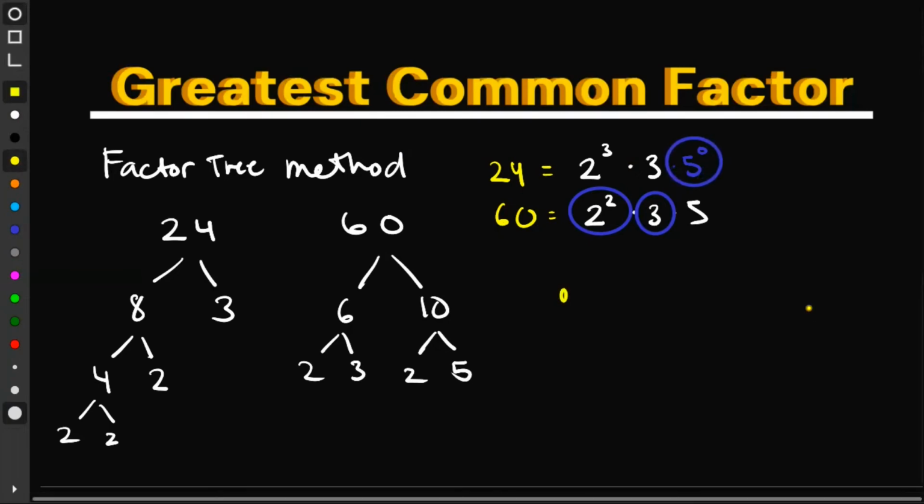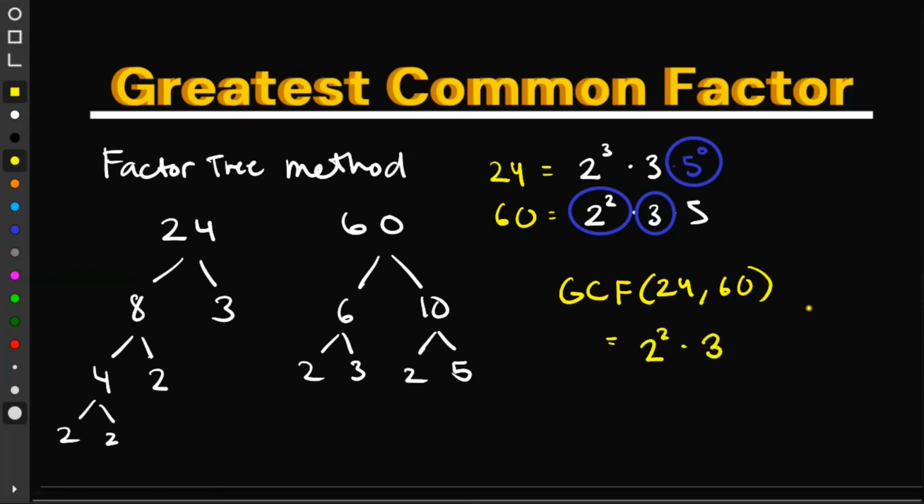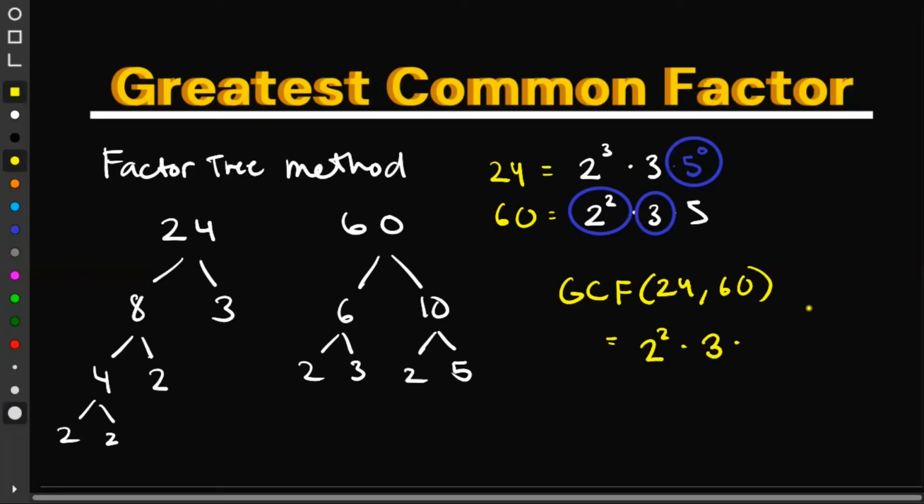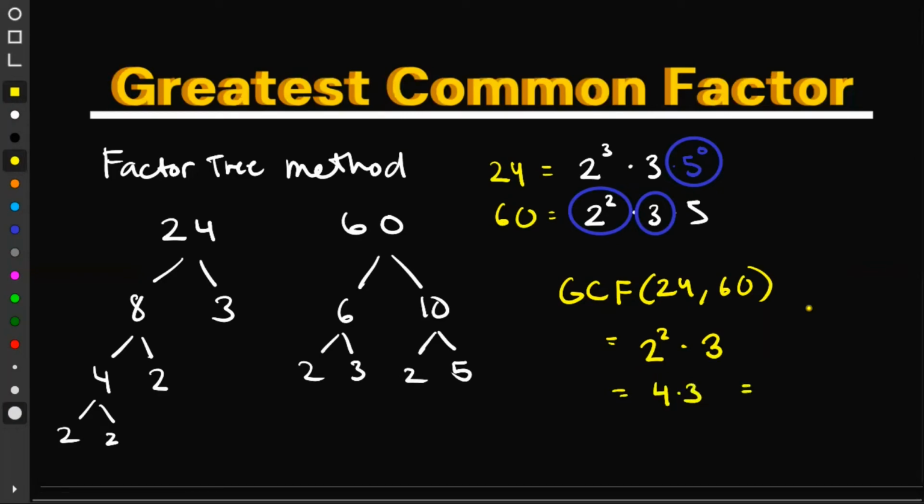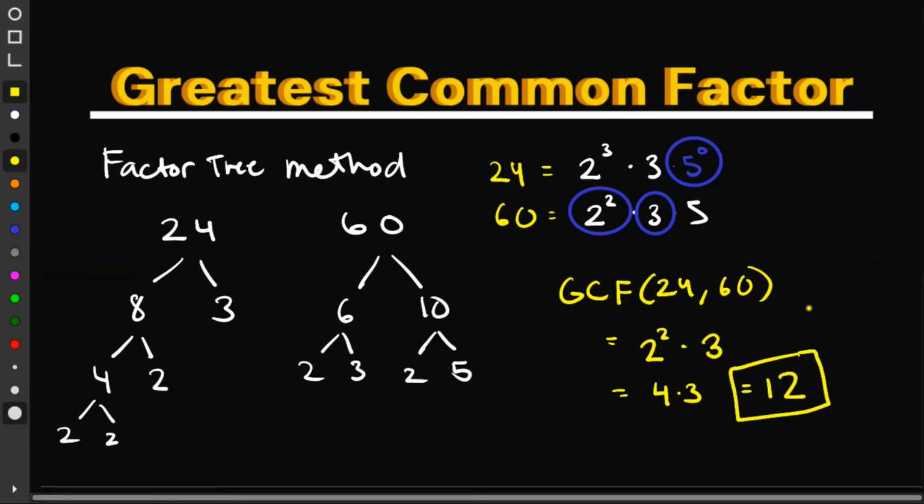So the GCF of 24 and 60 is equal to 2 squared times 3 times 5 raised to 0, or we can simply remove that one. This would give us 4 times 3, which is 12. So that is our first method.